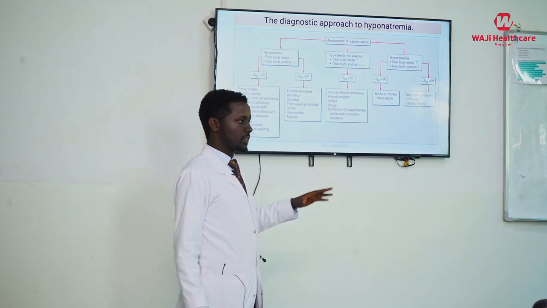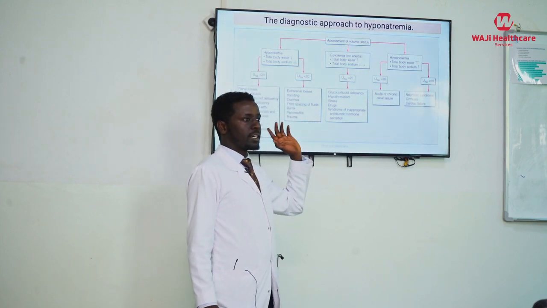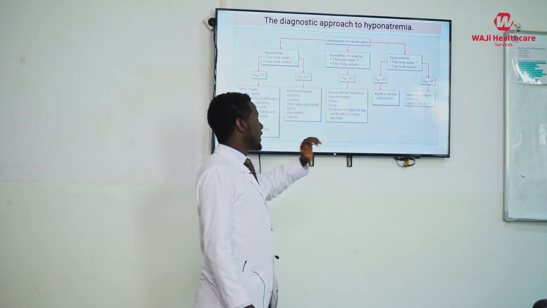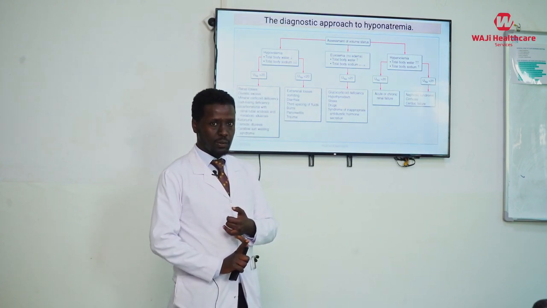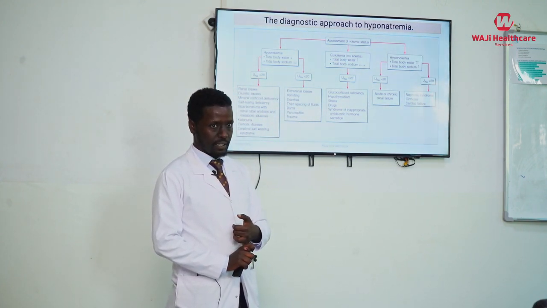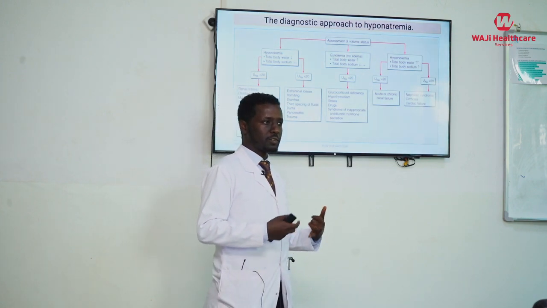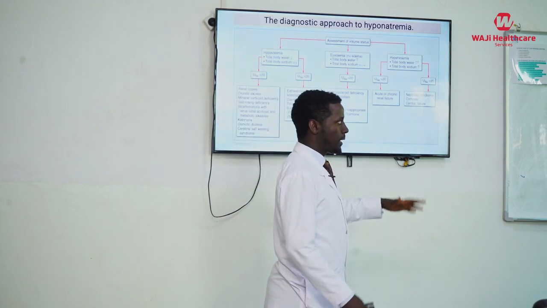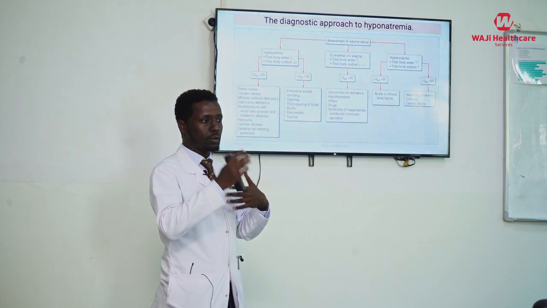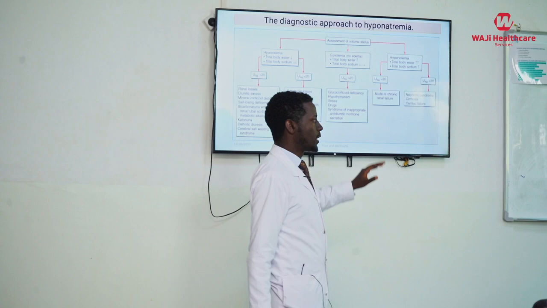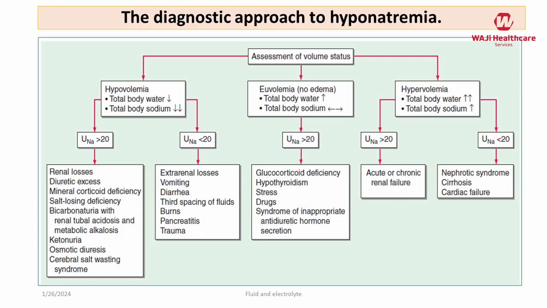In case of euvolemic hyponatremia, usually you don't require another intervention. Just treat the underlying cause and the sodium will be corrected. In case of hypervolemic hyponatremia, the first important thing you can do is fluid restriction, because these patients are hypervolemic, with heart failure or nephrotic syndrome. Each time they take electrolyte-free fluid, the electrolyte balance worsens. So restrict the fluid and treat the hypervolemia. If you treat the hypervolemia the sodium will be corrected.